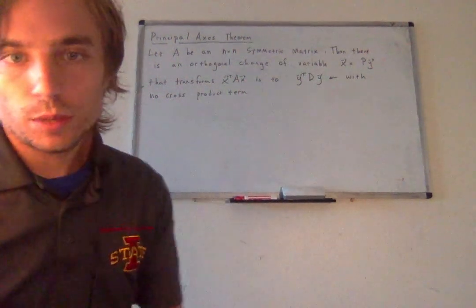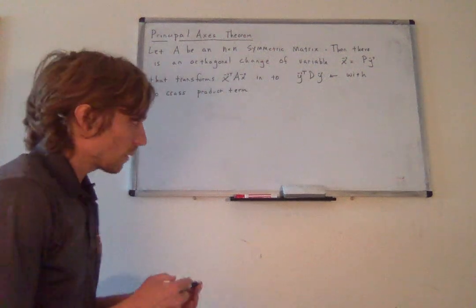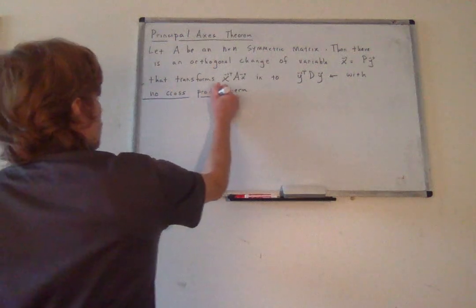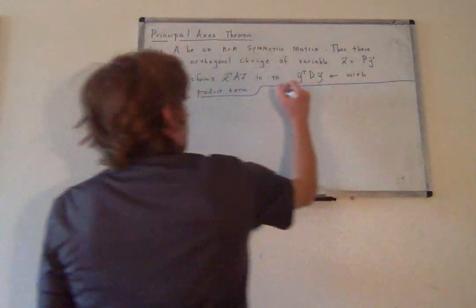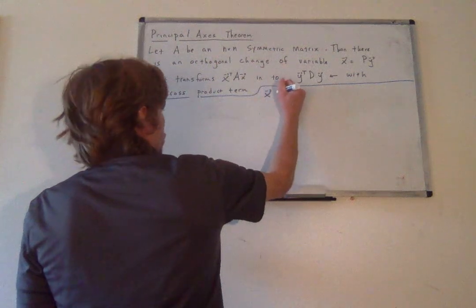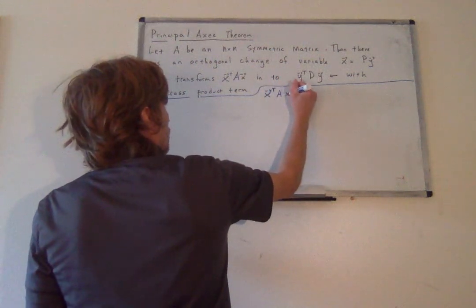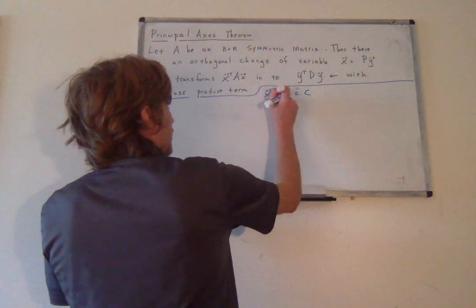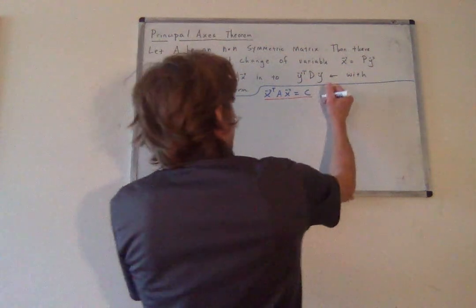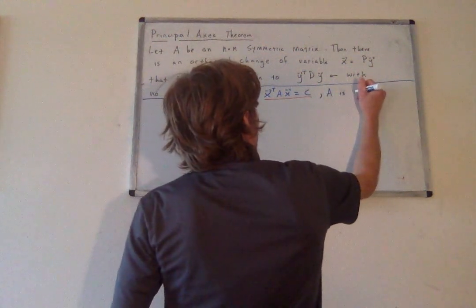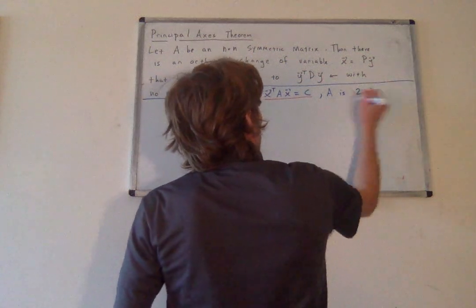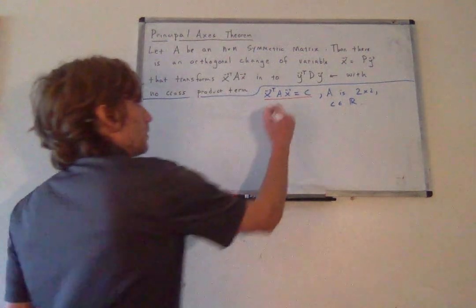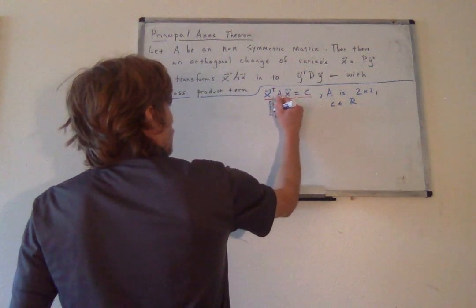So why is this called the principal axes theorem? It turns out that if we look at the two-dimensional plane and look at the set of solutions to the following matrix equation, where here A is a 2 by 2 matrix and C is a scalar, and again, here X is a vector of variables x1, x2.